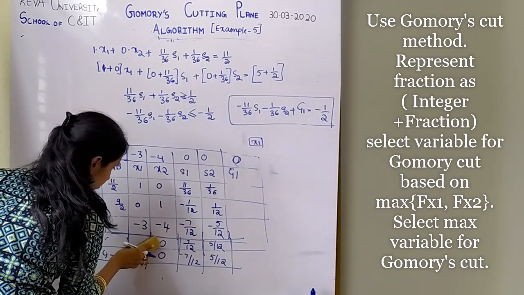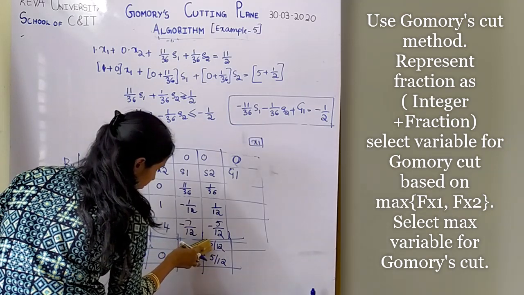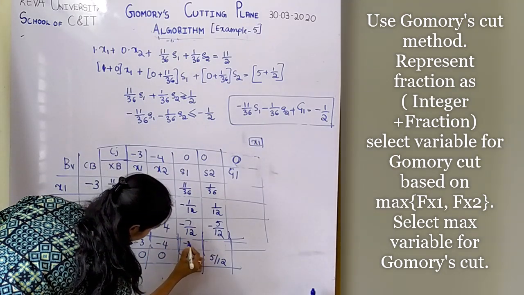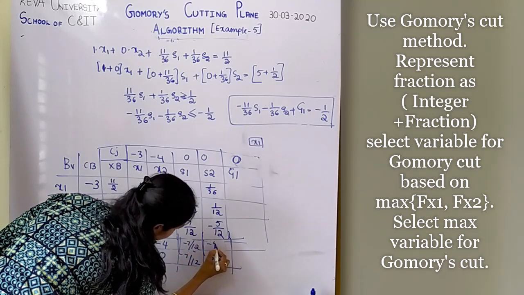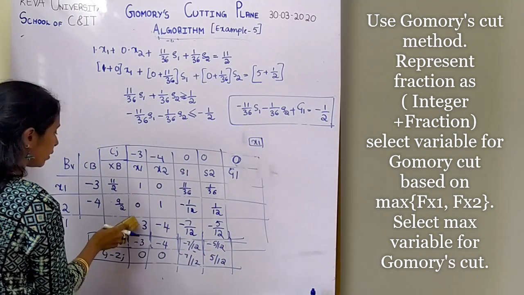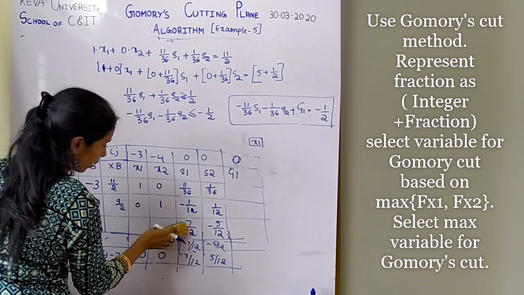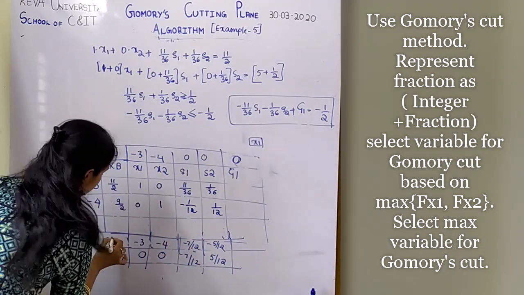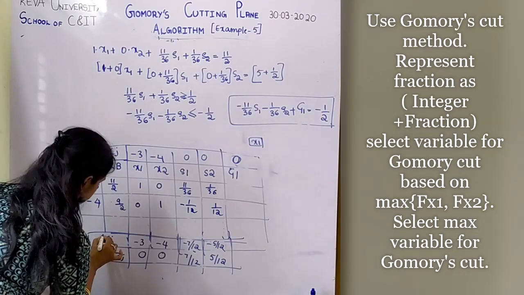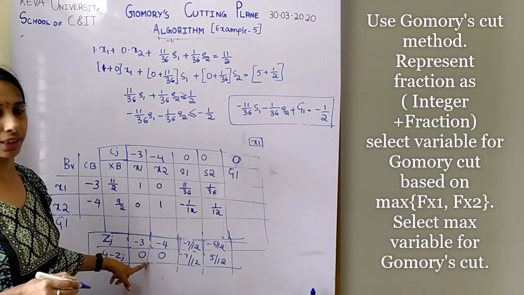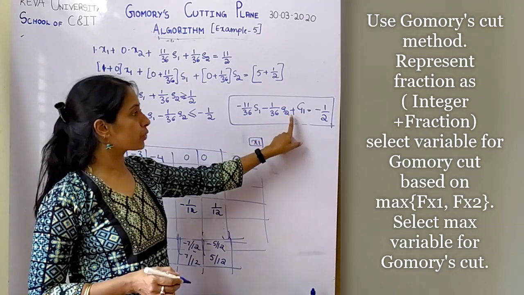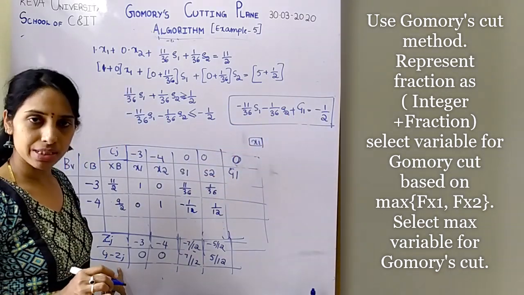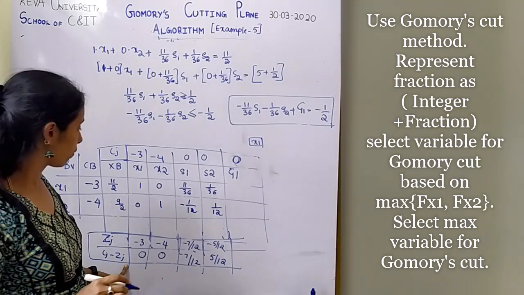And this becomes minus 3, minus 4, minus 7 by 12, minus 5 by 12. This row is reserved for now our GOMORY constraints, and Zj and Cj minus Zj values will not change because the inclusion of this will not affect our Zj as well as the Cj minus Zj values.